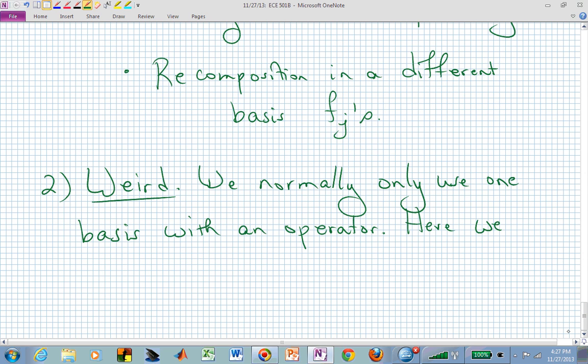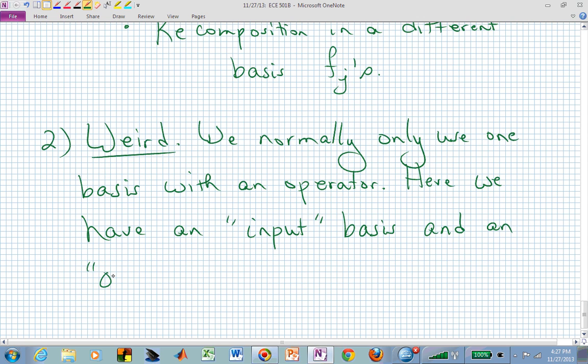Now we have two, the E's and the F's, and we could think of those as an input basis and an output basis.